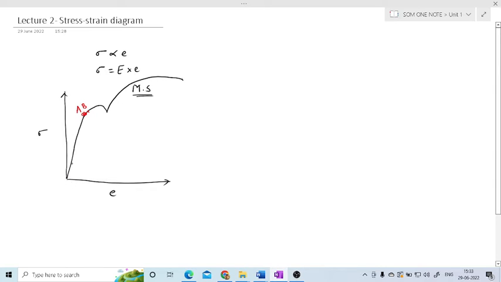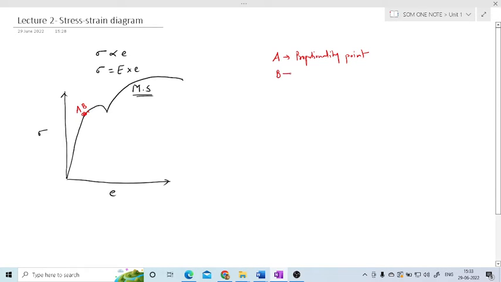So you can see with the increase in stress, the strain is also increasing in this direction. So A point is called the proportionality point. Up to this point, the stress and strain are proportional to each other.